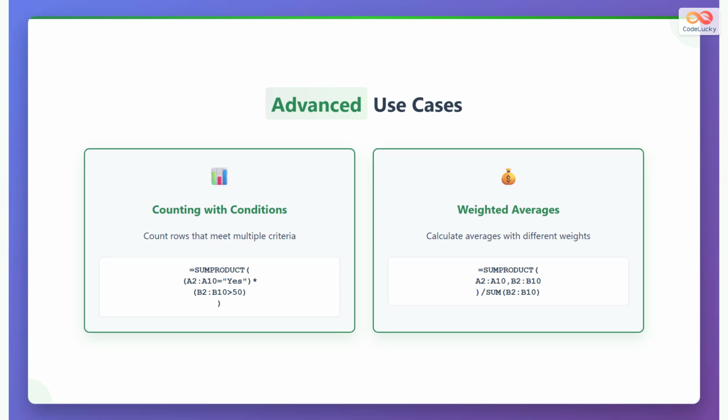Second, weighted averages. Calculate averages with different weights. The formula for that is =SUMPRODUCT(A2:A10, B2:B10)/SUM(B2:B10).